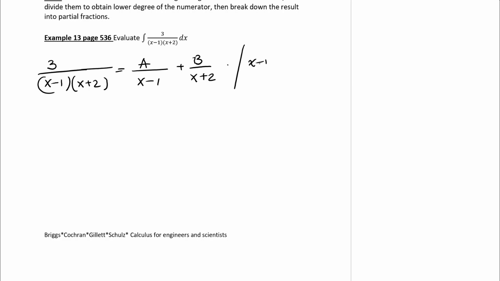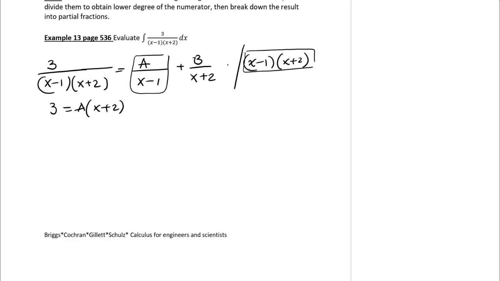We're going to multiply by x minus 1 times x plus 2 both sides, and we get 3 equals a times x plus 2, because when you multiply this one by x minus 1 times x plus 2, the x minus 1 with x minus 1 cancels, so we are left just with x plus 2. Plus b, and the same concept applies, and we have x minus 1 here.